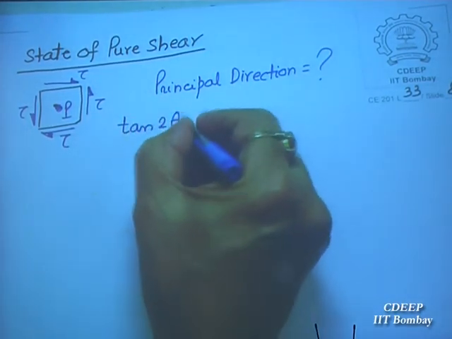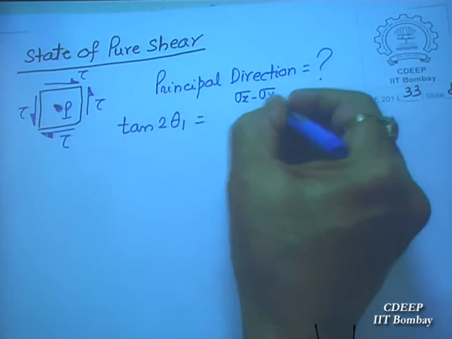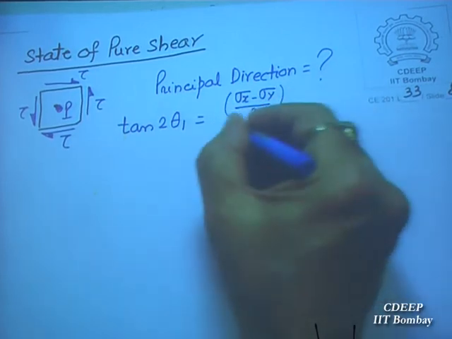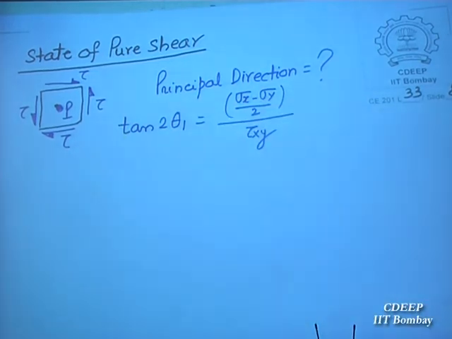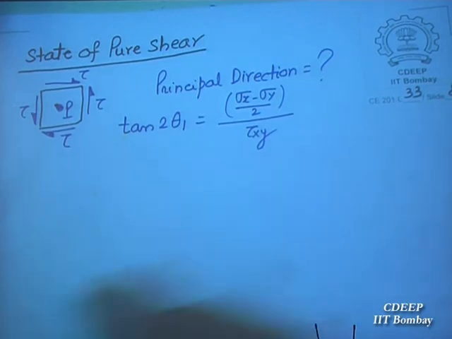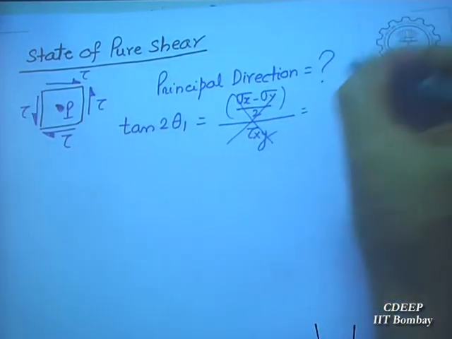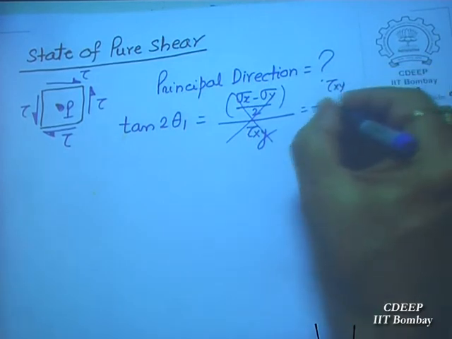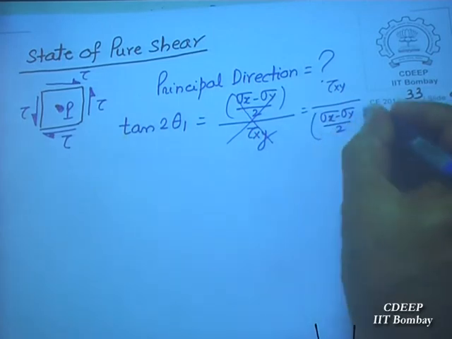twice theta 1 is how much? This is this one, huh? For finding out principal direction, this is, huh? It is reverse. Oh, I'm sorry, not this. Inverse, huh? It's the first one, tau xy. Yes, yes. Tau xy divided by sigma x minus sigma y. It is this.